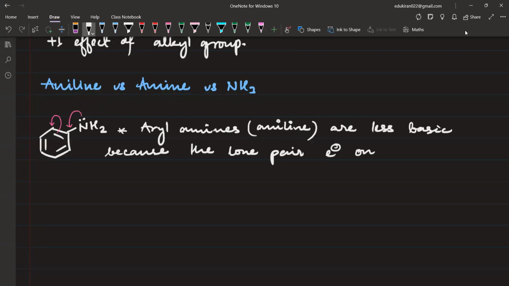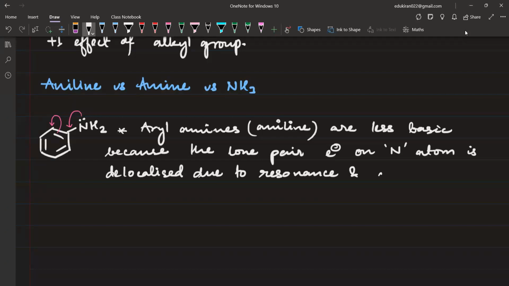is delocalized due to resonance and not available to attack hydrogen.